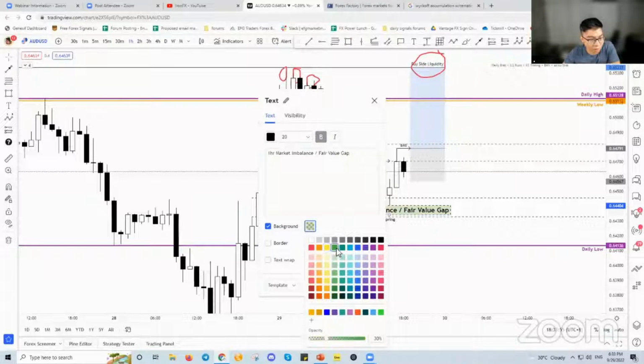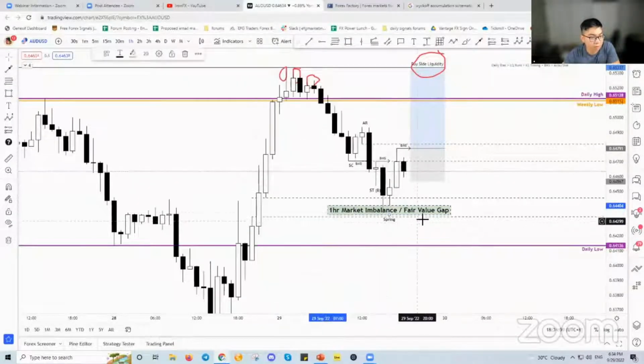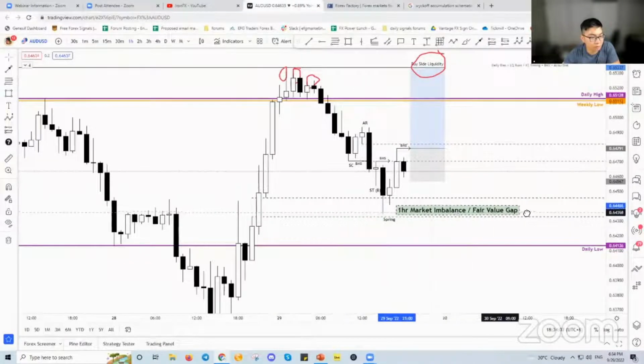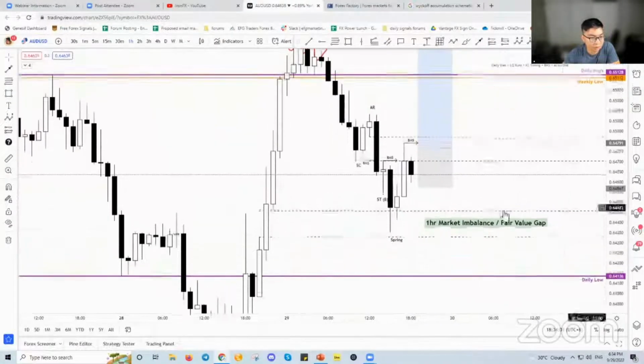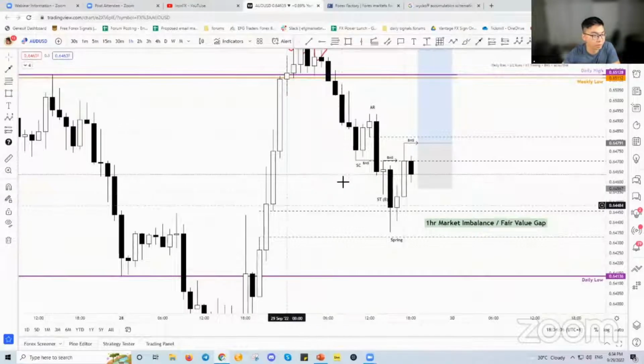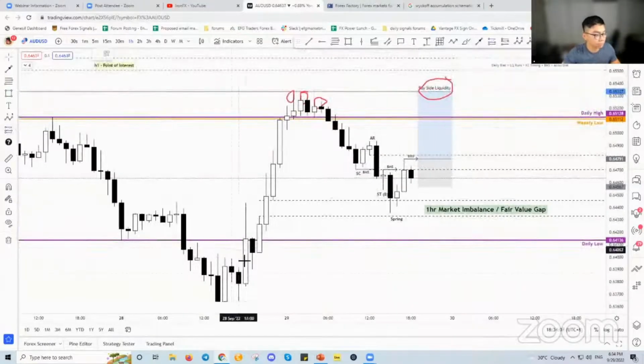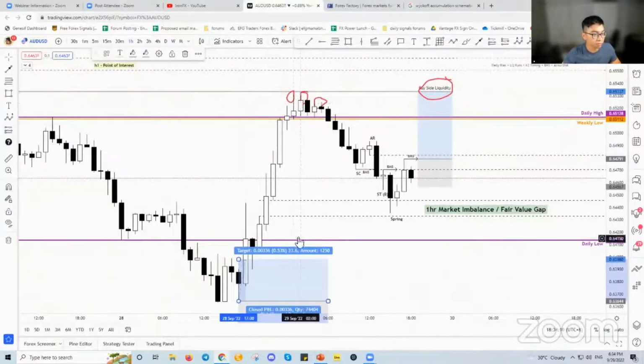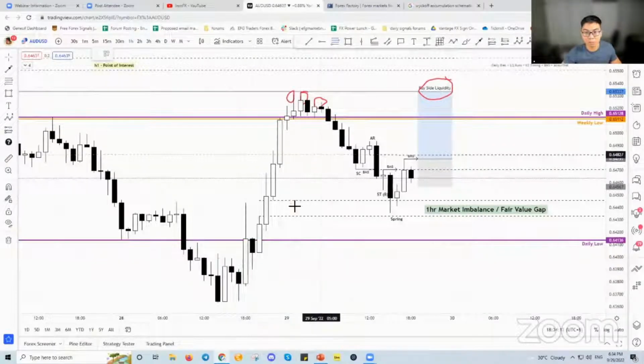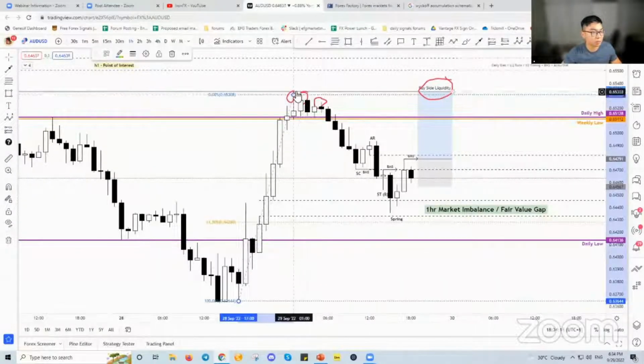I'll mark it out in green in honor of him. The market imbalance, or fair value gap, this specific area, also coincides with the 61.8% ratio.